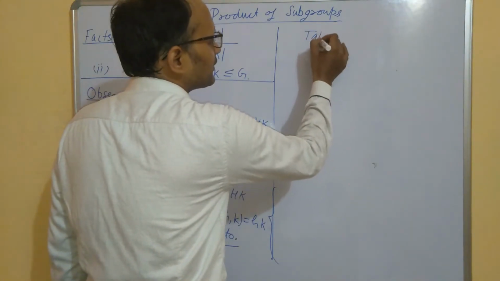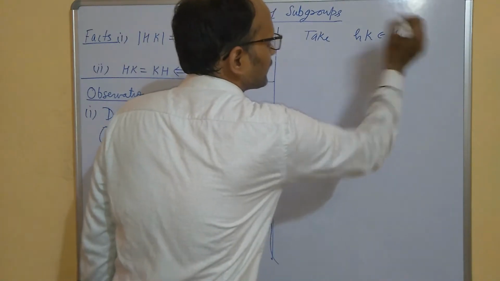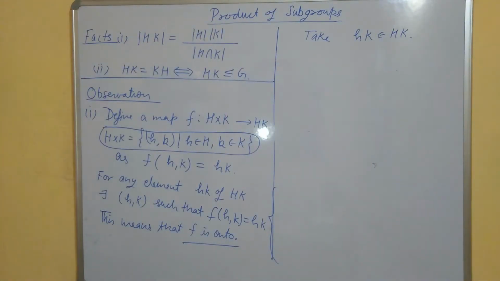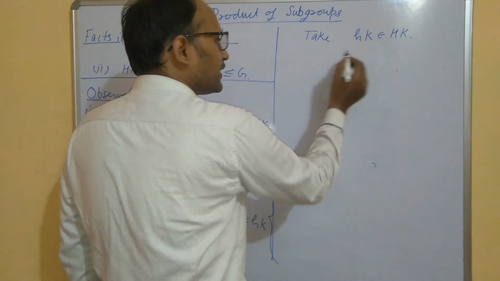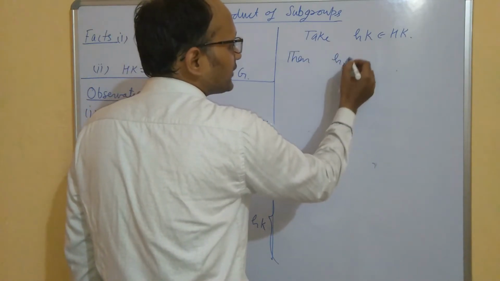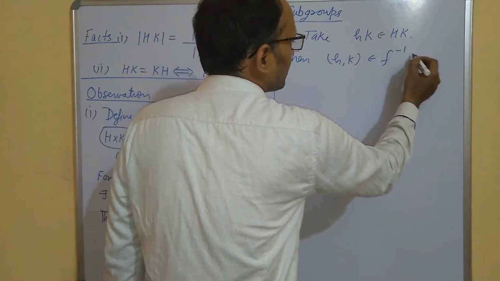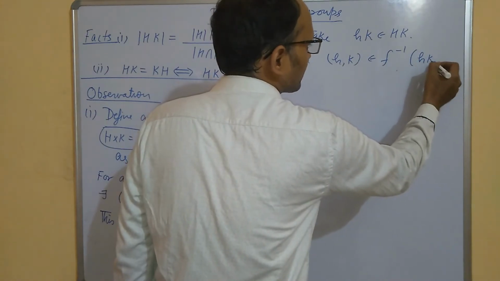So take an element hk in HK. Then (h, k), as we have seen just now, belongs to f inverse of hk.